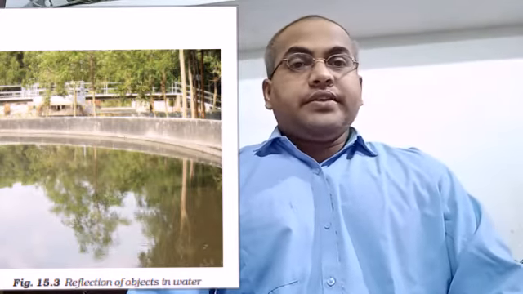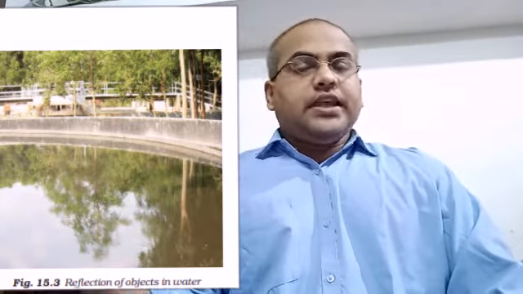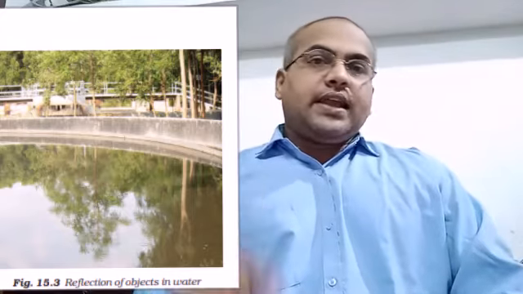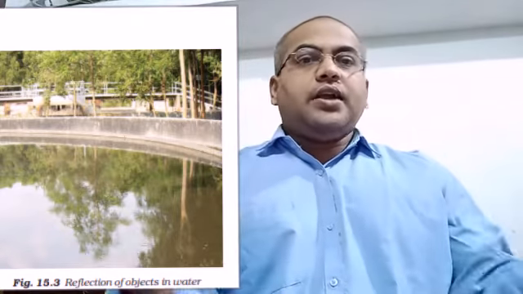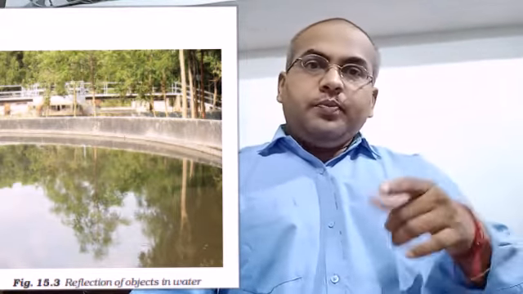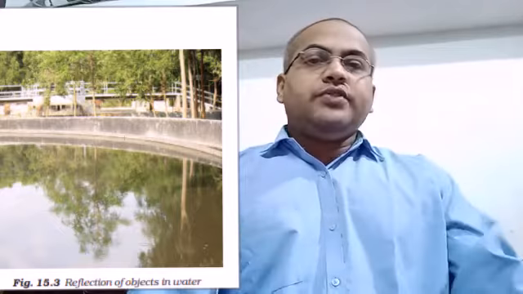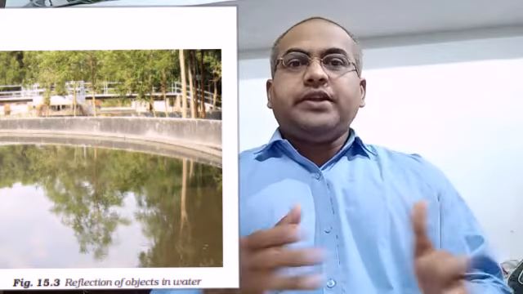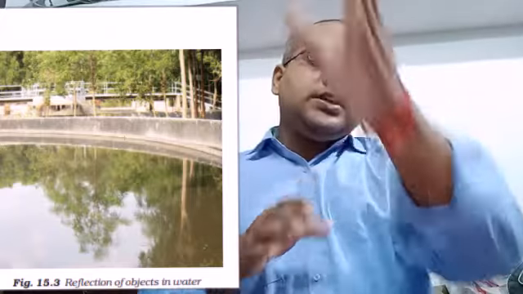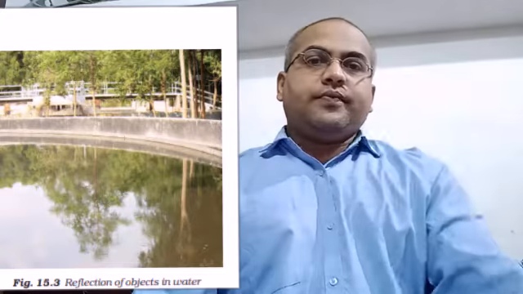There is one more activity. We need the same candle, and we light the candle, and 3 cardboards are needed. We make a hole in the center of these 3 cardboards of the same shape and size, put them one by one, and try to see the candle flame through the holes.